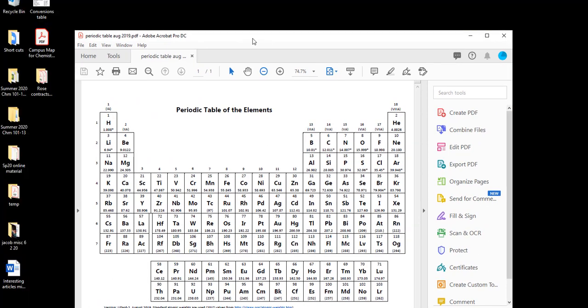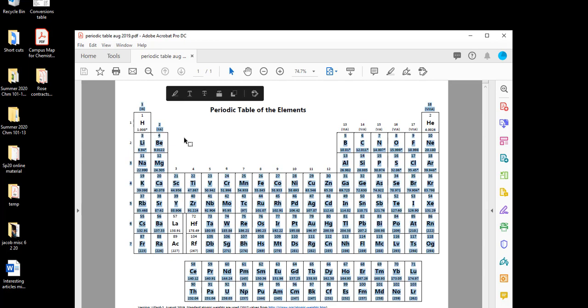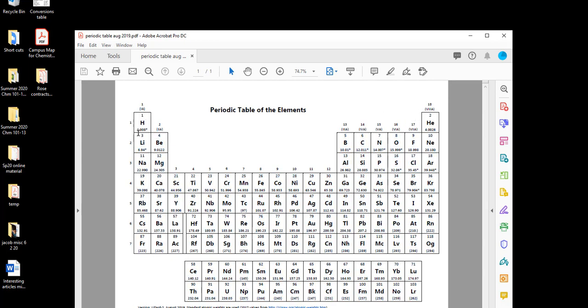Here's a periodic table that you're allowed to use on quizzes and exams. You'll notice there's a number at the very top, atomic number 1, 2, 3, 4. And as you increase an atomic number, we find that the element properties also repeat, hence the term periodic.